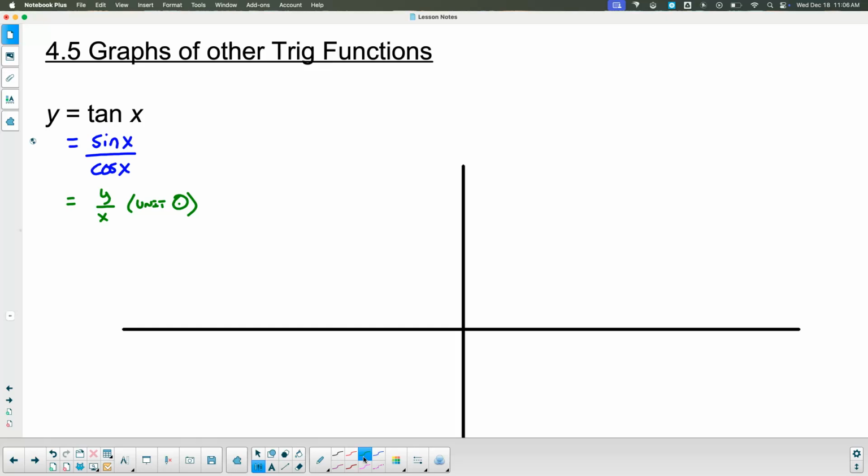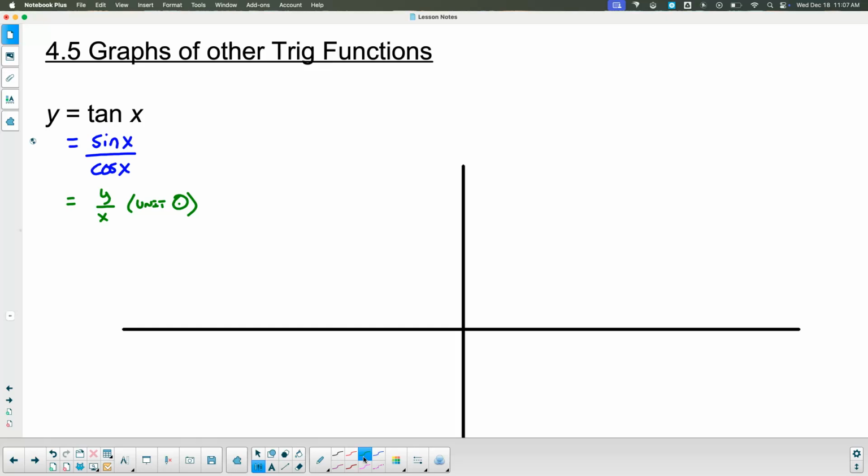What would make tangent or its other forms not exist? If we divide by 0, right? So where on the unit circle would I look for what is 0 to make tangent not exist? Where cosine is 0. So tangent doesn't exist where cosine is 0, or on the unit circle where our x values are 0, correct?